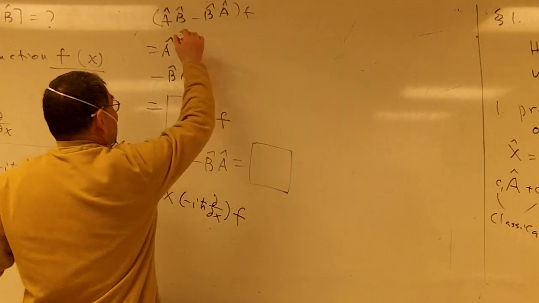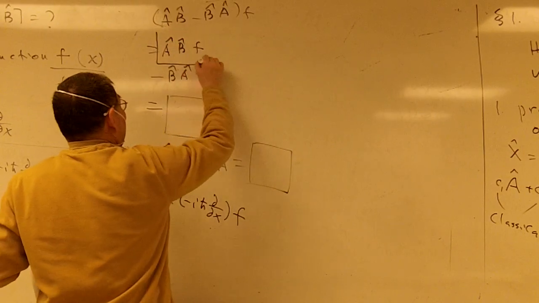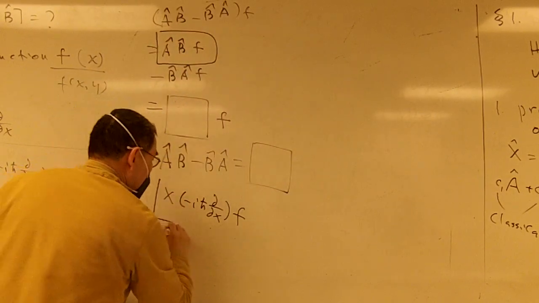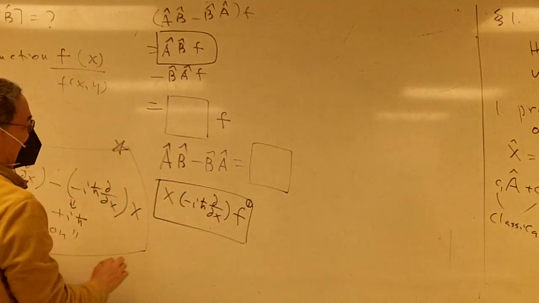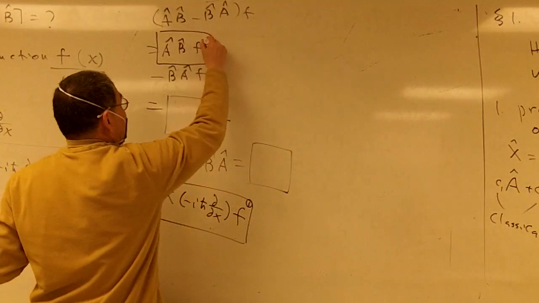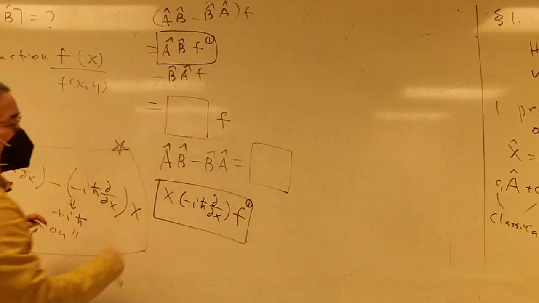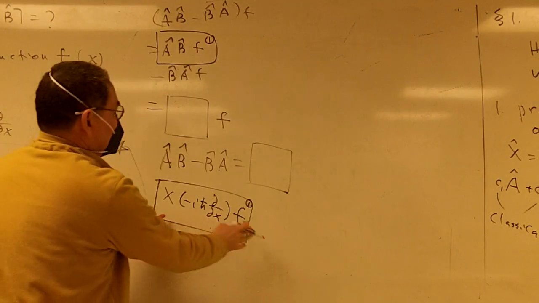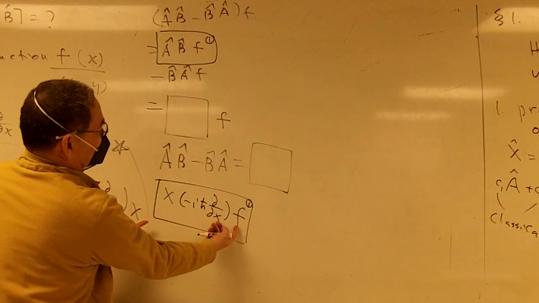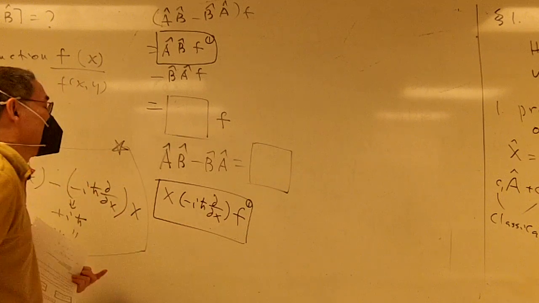This term here is just this term. Let me call it small box 1. Small box 1 is just this term, and that's what we have. This term you cannot do anything with because you don't know the function, so you just leave it as it is.